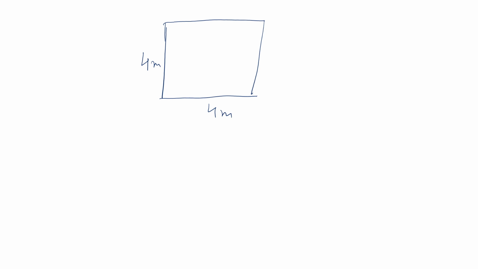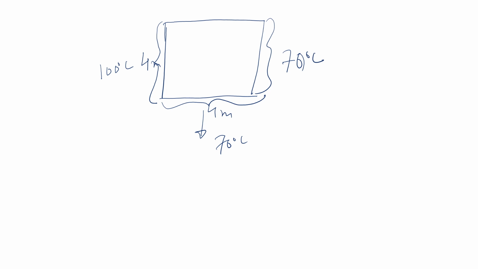And we know what the edge temperatures are. This left hand edge, suppose it has a temperature of 100 degrees centigrade. This downward edge has a temperature of 70 degrees centigrade. And in the right hand edge, we have a temperature of 70 degrees centigrade. And in the upward edge, we have a temperature of say 50 degrees centigrade.